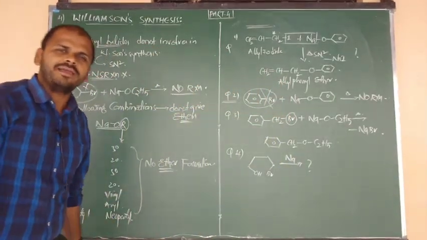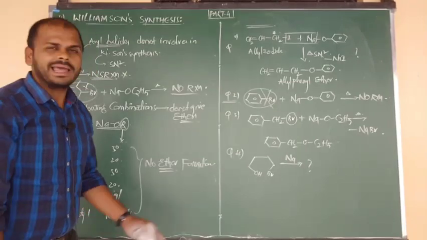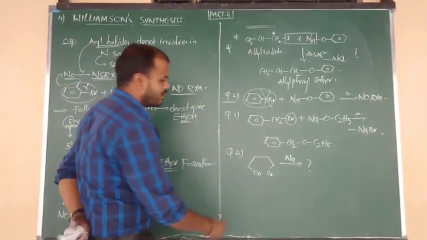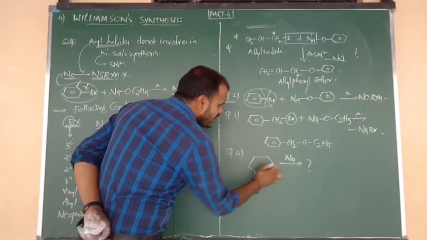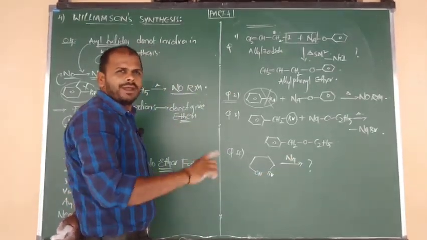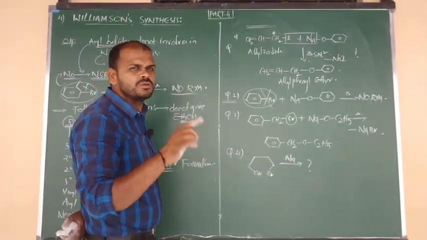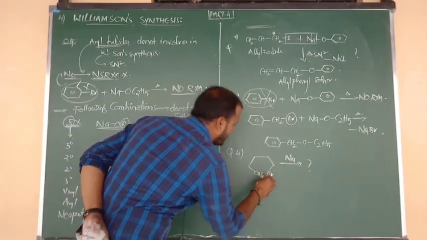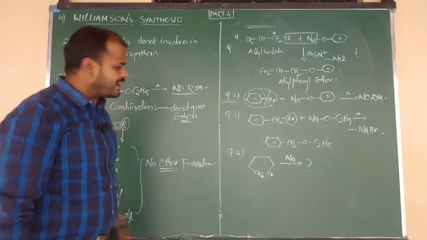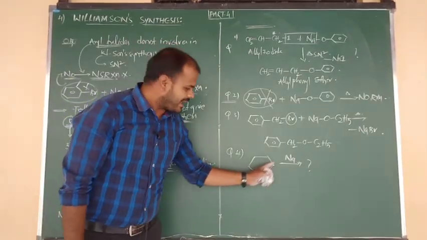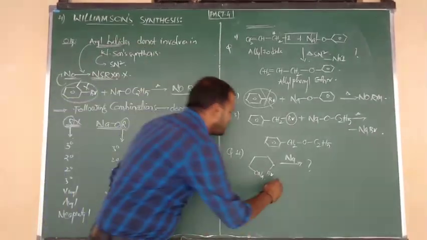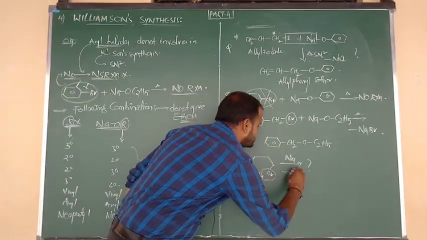Here you have to find the final product in this Williamson ether synthesis. First of all, alcohols on reaction with sodium are converted into the respective sodium alkoxides, where H is replaced by Na. Now it looks like Williamson's method: alkyl halide upon reaction with sodium alkoxide, simply elimination of NaBr takes place.